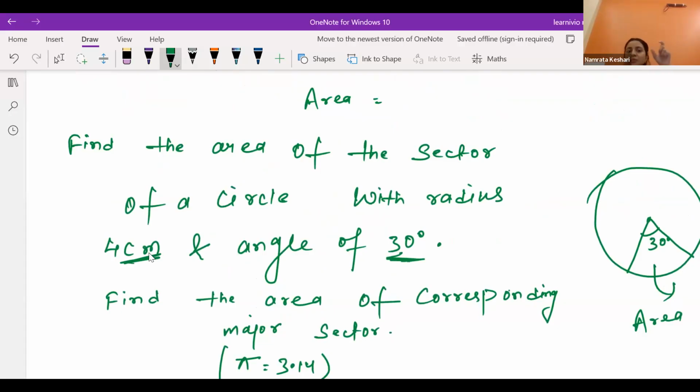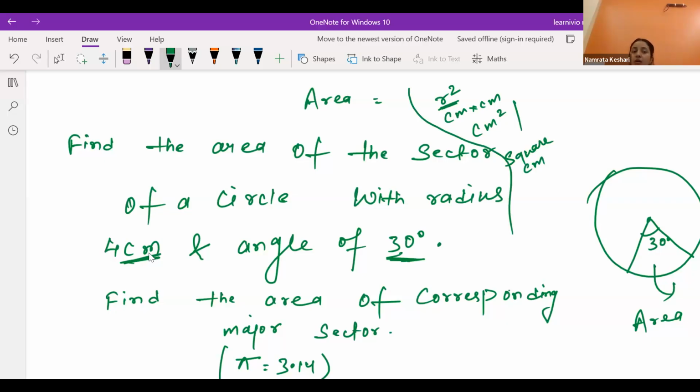If centimeter is given, centimeter square. If kilometer is given, kilometer square. If feet is given, feet square. Square will be there because r square was there, so centimeter into centimeter. We write it as square centimeter also. Both are the same thing.